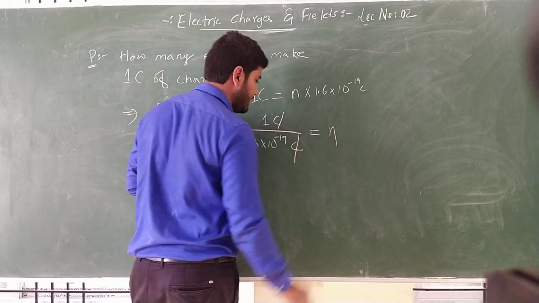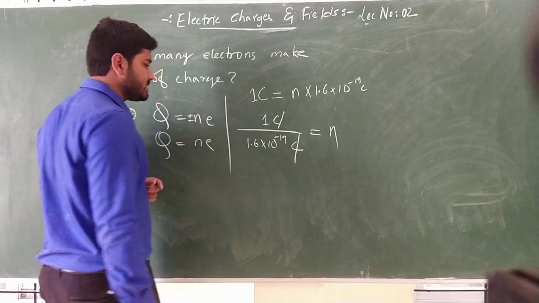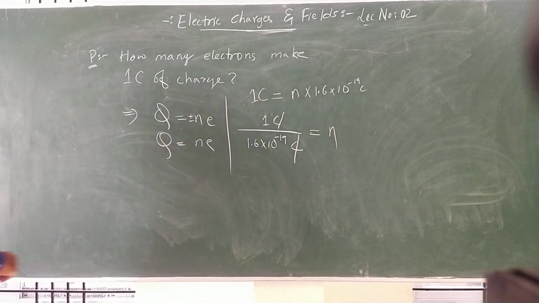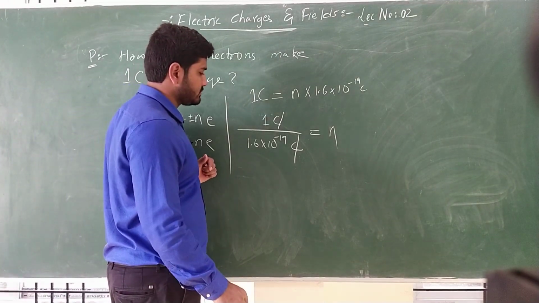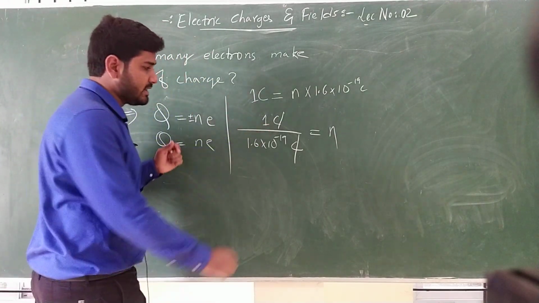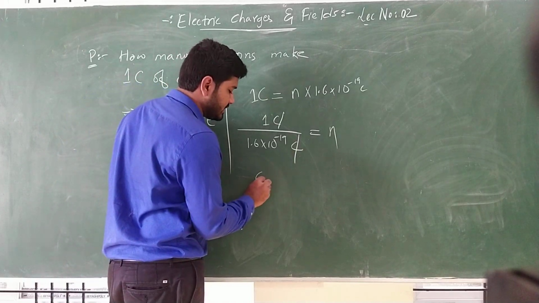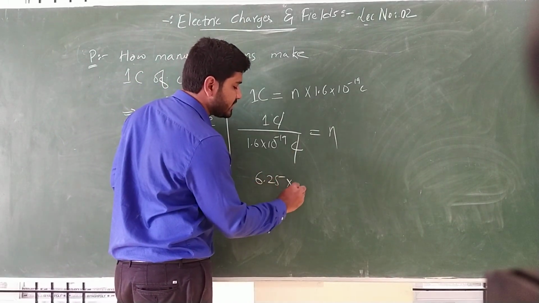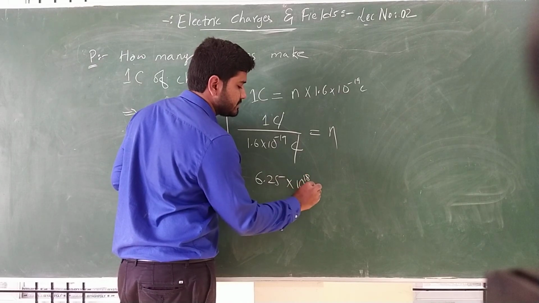Calculate 1 divided by 1.6, it is nearly 0.625. The final answer is 6.25 into 10 raised to 18.